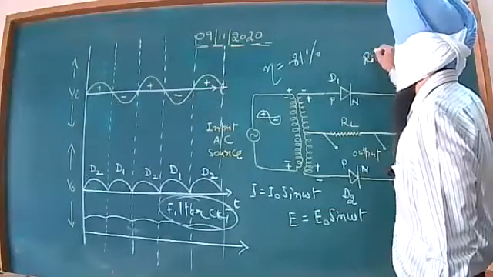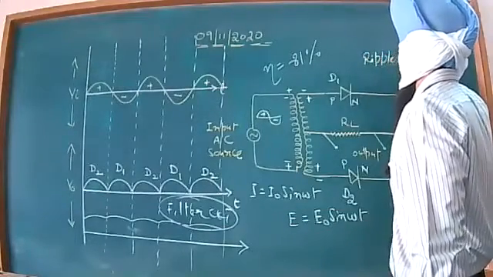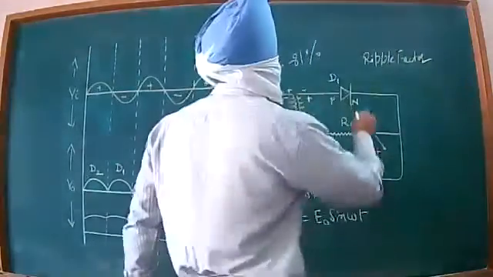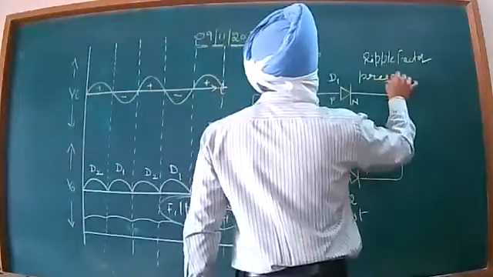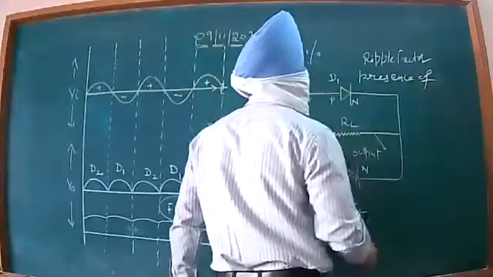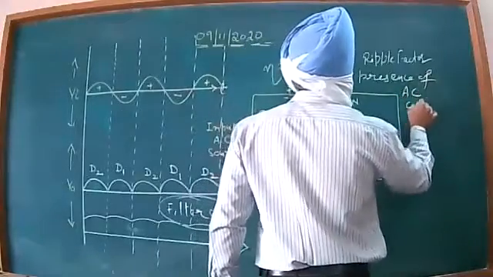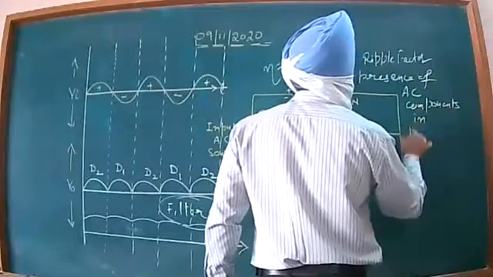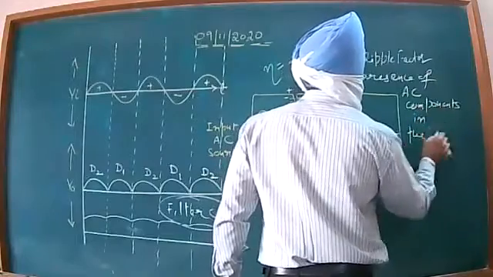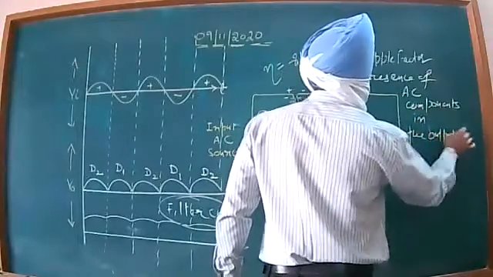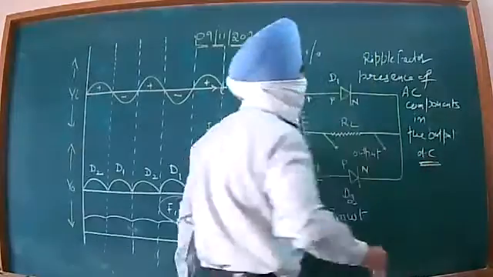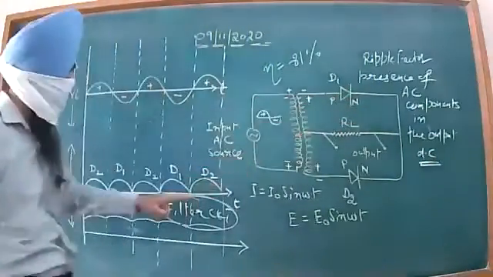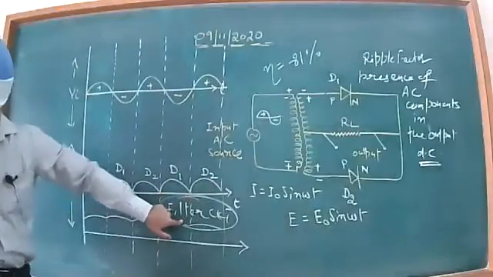So ripple factor again is indicating the presence of AC components in the output DC. And therefore these ripple factors need to be rectified, and that is done with the help of the filter circuits.